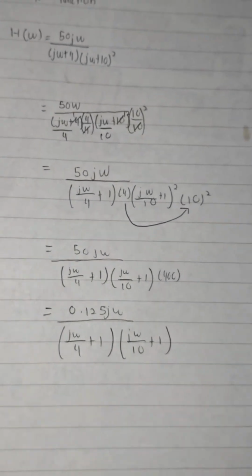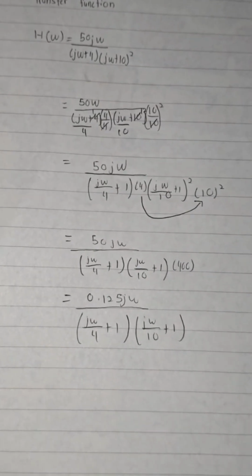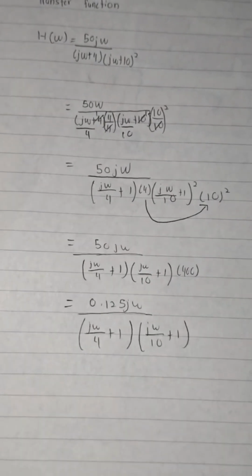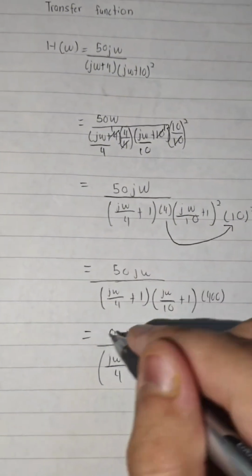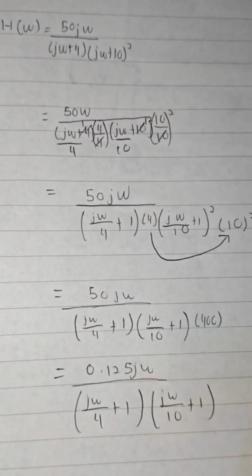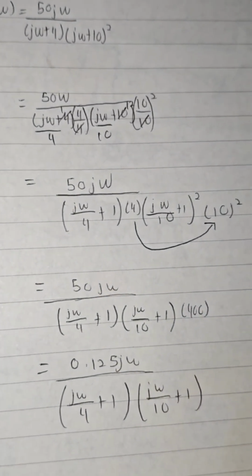Before that, we're going to identify the basic terms of the transfer function. First, 0.125 we use for the gain.